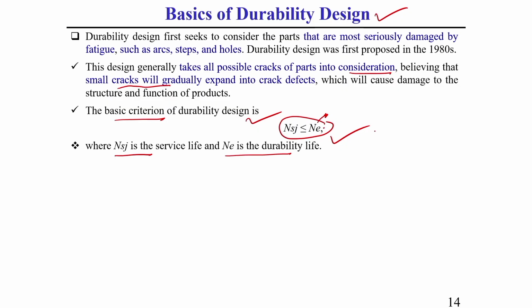This small crack can expand and convert to what is called a crack defect. Once it converts to a crack defect, it will cause damage to the structure and also damage the function of the product. The basis I have already discussed. So this is the brief of this fatigue design approach.